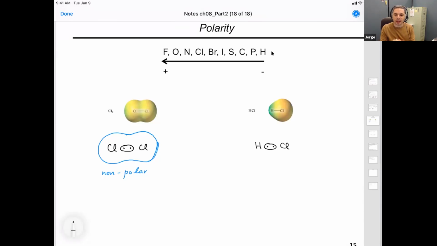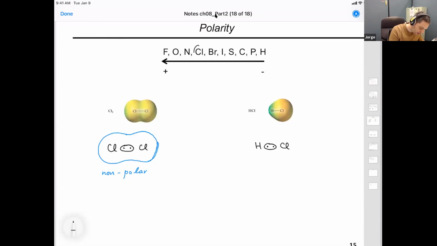HCl is a covalent compound that has only one single bond, therefore only one pair of electrons is being shared. Now let's see if that bond is nonpolar or polar. Okay. To do that, we will use the order of electronegativity to figure out if there is a winner.